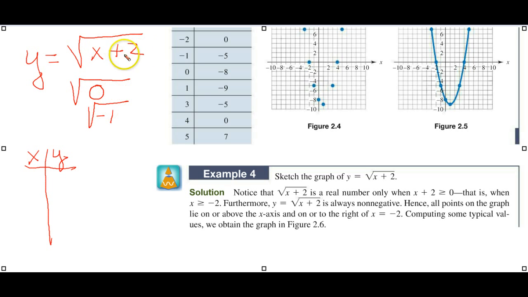So what we have to do here is set up the inequality that x plus 2 is greater than or equal to 0. So x is greater than or equal to, transposing the 2, -2.